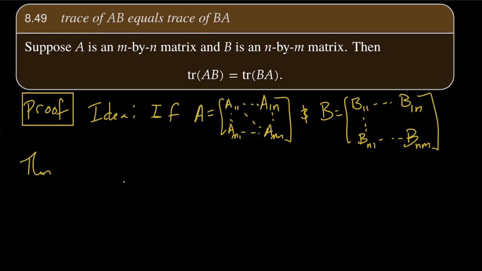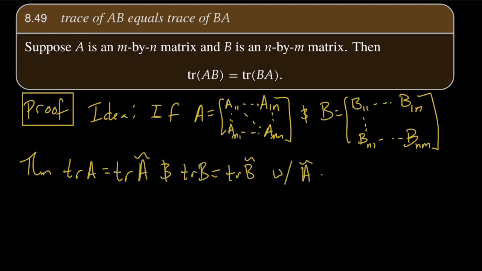Then here's the easy one, then I'll say it more specifically. Then trace A is equal to trace, I'll call it A tilde, and trace B is equal to trace B tilde, with A tilde equal to A11 through Amn, dot, dot, dot, 0, dot, dot, dot.